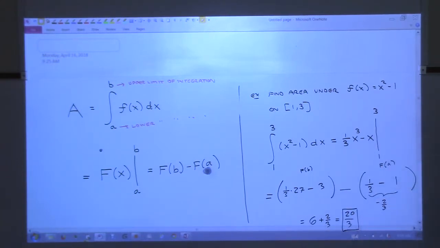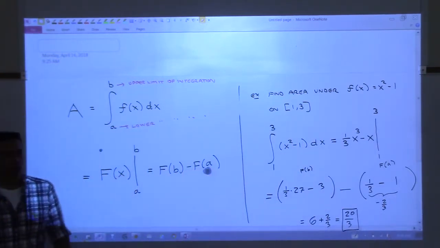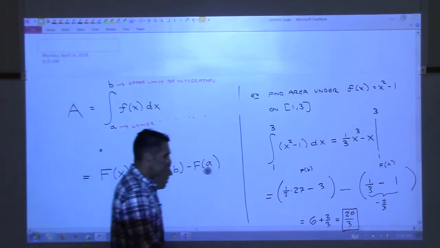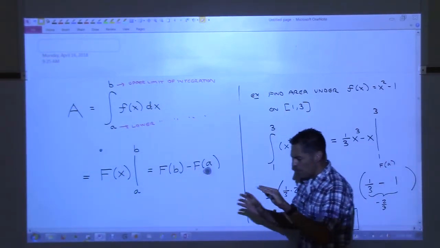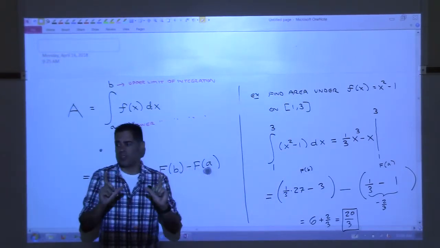So that is not a coincidence. That is the power of the fundamental theorem of calculus at play there. I remember I have a little story that goes with the fundamental theorem of calculus. And when you get to Cal 2, you'll hear this a little more. There's a fundamental theorem of calculus, but there's multiple versions of it.